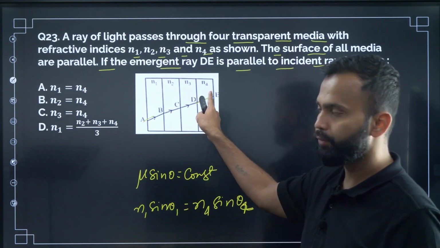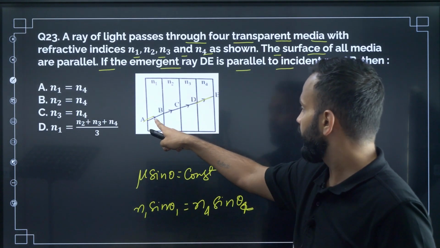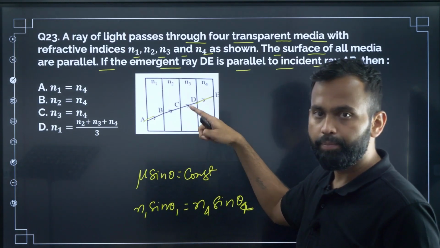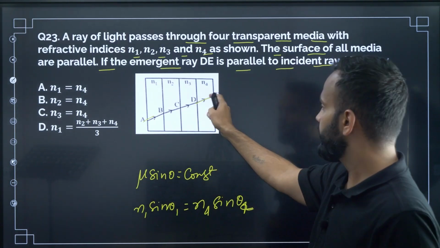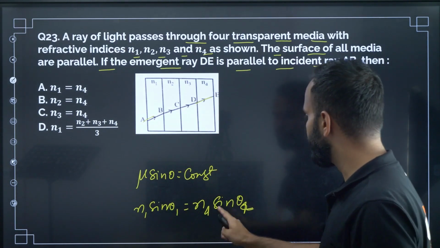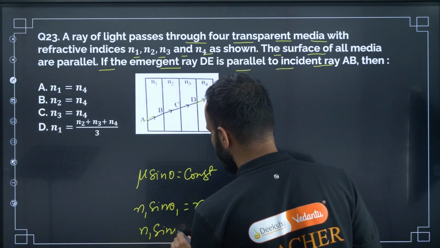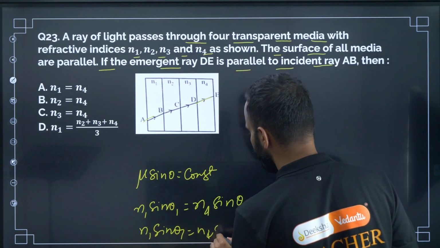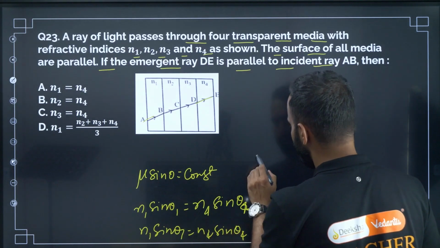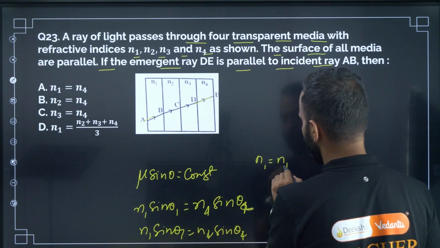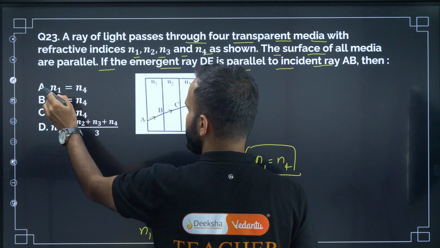Theta 1 is equal to theta 4, why? Because the rays AB and DE are parallel. So theta 1 is equal to theta 4. So n1 sin theta 1 is equal to n4 sin theta 4, so n1 equals n4. So the correct option is A.